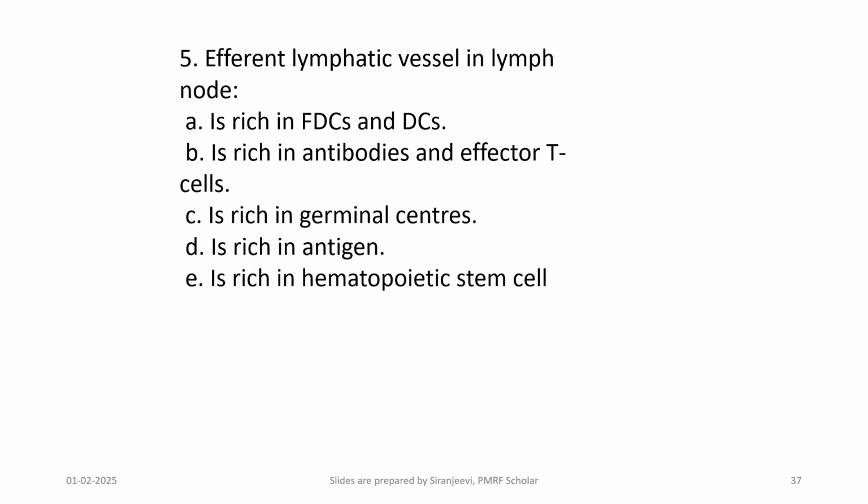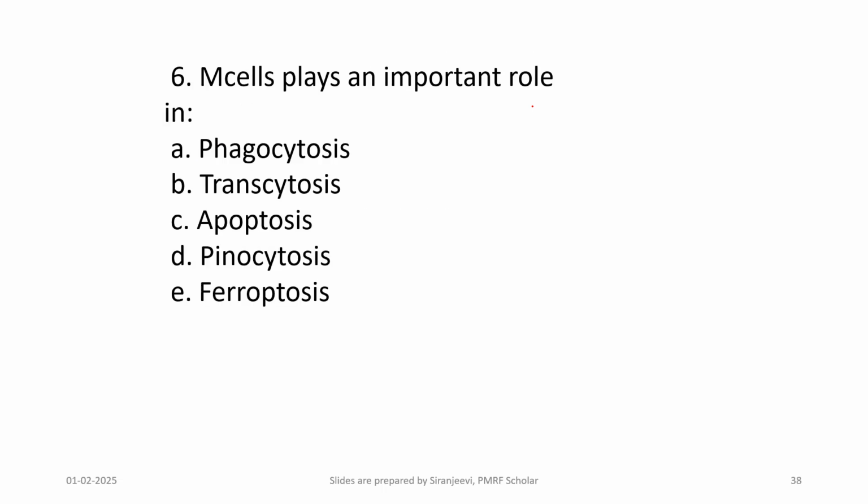Is rich in germinal centers and antigen. Or is rich in hematopoietic stem cells. Which option, B? Yes, B. So efferent lymphatic vessels in lymph nodes are rich in antibodies and effector T cells. Okay, M cells play an important role in which one?